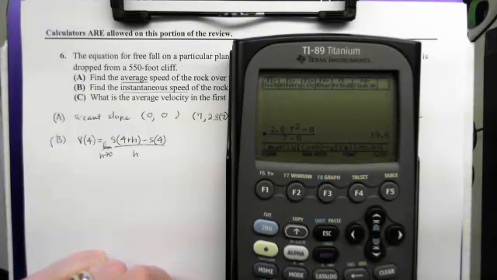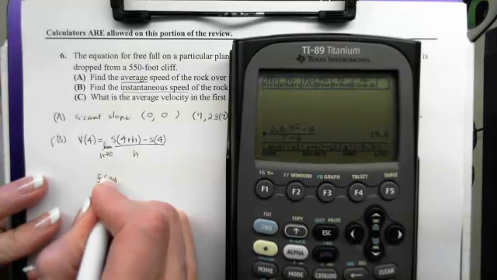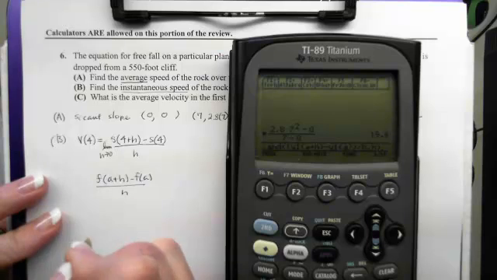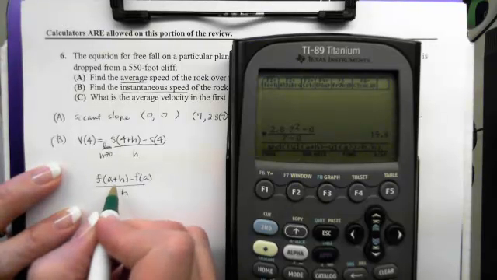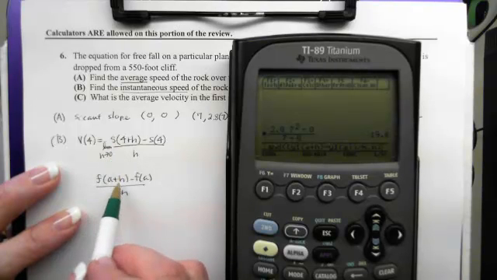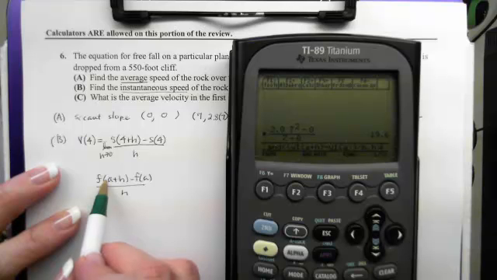Now I've just put in my general slope, which is f of a plus h minus f of a over h, into the calculator when my function was the position function given in the problem. Now I want to evaluate this when a is the time that I'm interested in, which is 4.